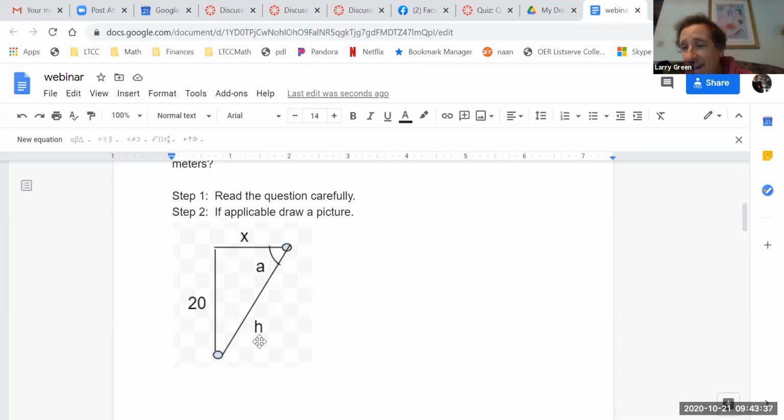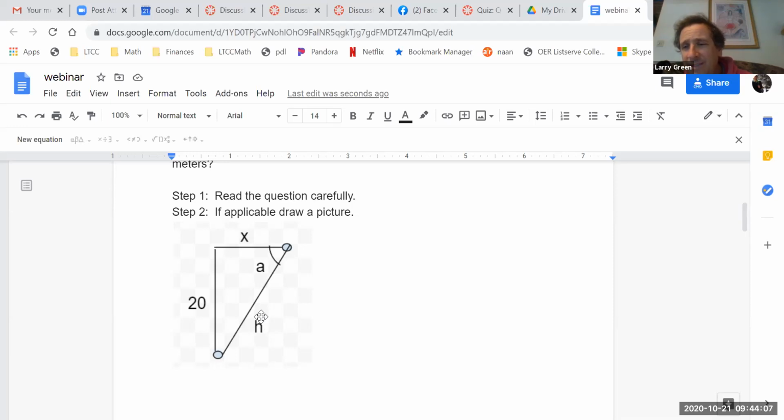Okay, you could write it down or do it in your head, whatever works for you. So note that X is 10, H is 10 times the square root of 5. The secant is 1 over the cosine, which is the hypotenuse over the adjacent. So that's going to be 10 root 5 over 10, which is just root 5. Root 5 squared is 5.